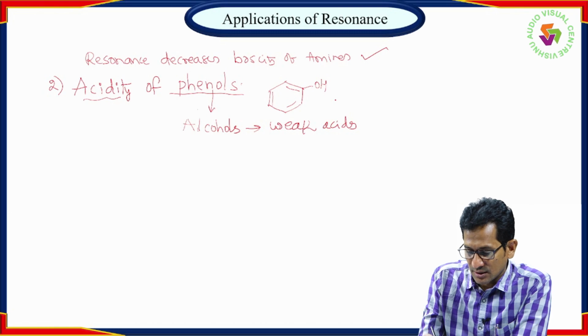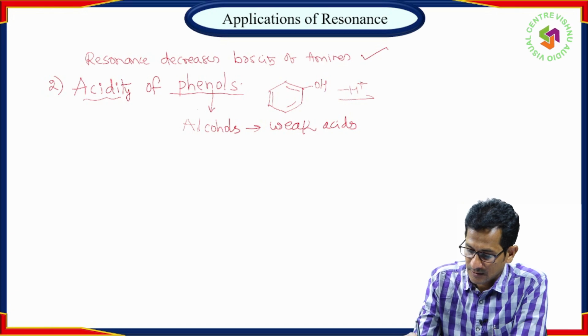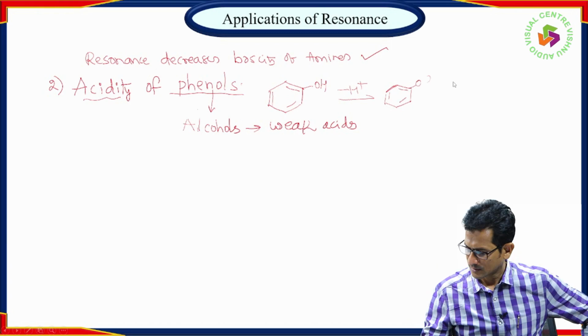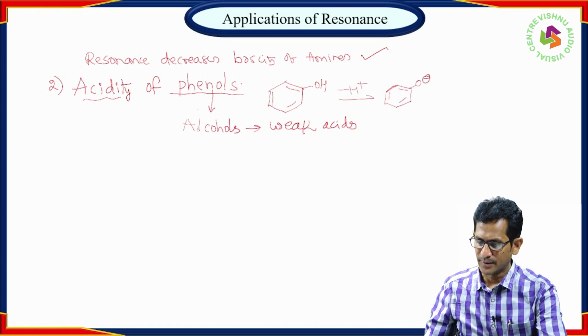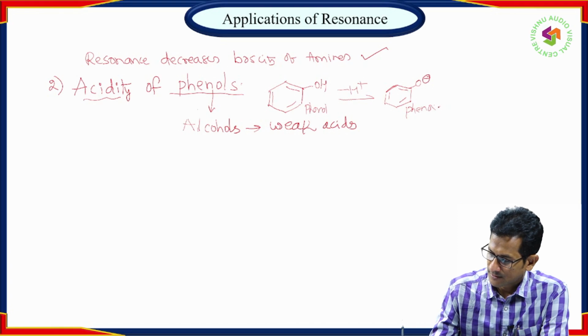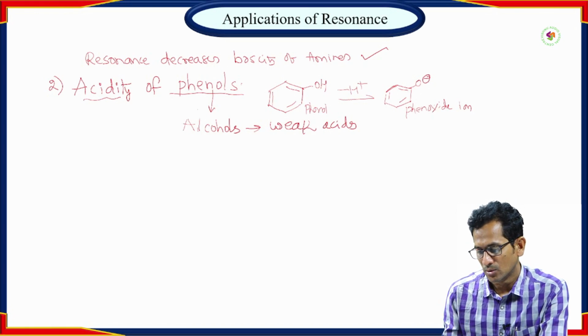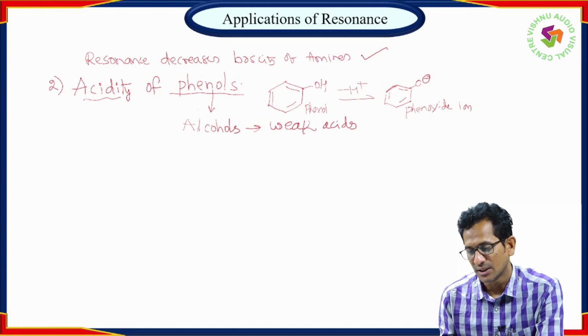What happens if phenol loses a proton, H plus? Then it turns to the phenoxide ion.